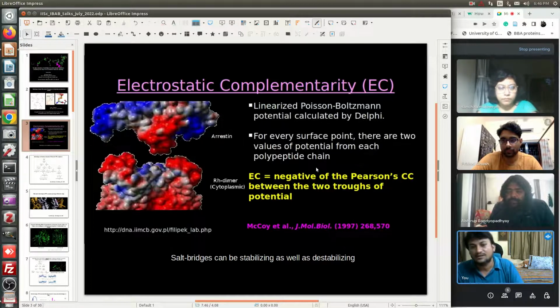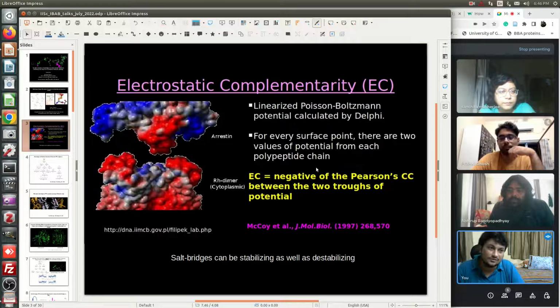In other words, they put some dummy atoms to effectively neutralize the salt bridges. So the salt bridges didn't contribute to the electrostatic potential in one of their calculations, and those interfaces could still retain a sufficient amount of electrostatic complementarity. So it's not only the salt bridges, but rather a particular distribution of partial charges throughout the protein that gives rise to the complementary behavior.